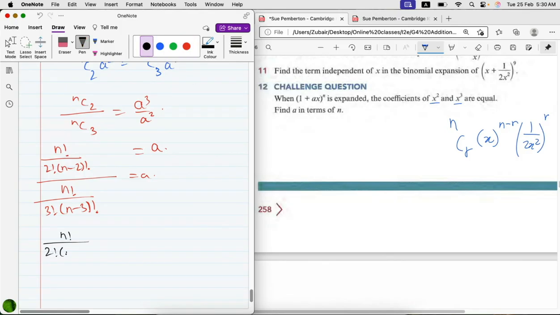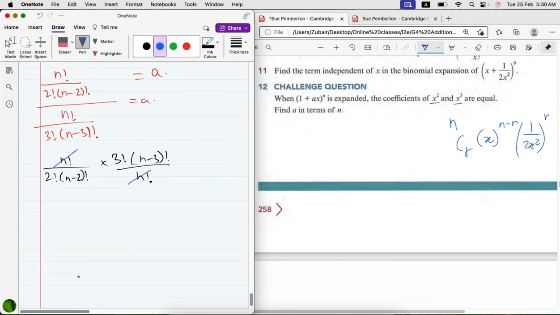So n factorial over 2 factorial into n minus 2 factorial, into 3 factorial into n minus 3 factorial over n factorial. So we get rid of this first. And now if you look at this, I'm writing it as it is: 2 factorial into n minus 2, and the next number is 1 less than that, so n minus 3 factorial.